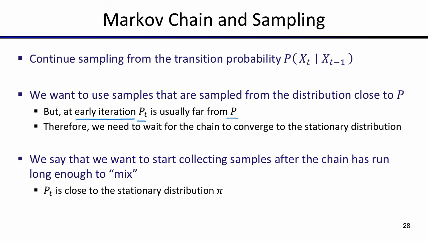So we need to wait for the chain to converge to the stationary distribution. Basically, we continue sampling the values and continue sampling the values. We call this state, where the chain has reached the stationary distribution, the mix. So we say that the chain has mixed. It basically means that our current probability distribution is close to the stationary distribution pi, and we are ready to start sampling.